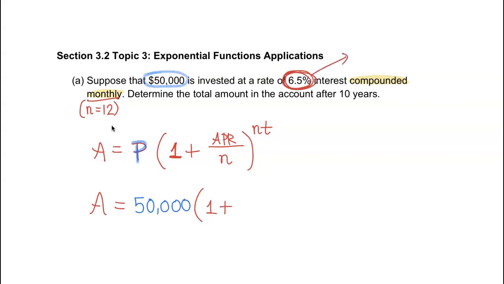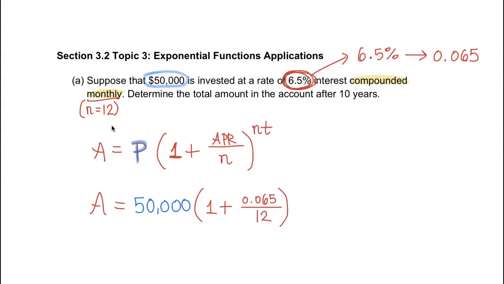We must convert 6.5% into a decimal, and we can do that by dividing it by 100. 6.5 divided by 100 is 0.065. And that's what we must use for the R, or the APR value, 0.065. And we're going to divide that annual rate by 12 to convert it into a monthly rate.